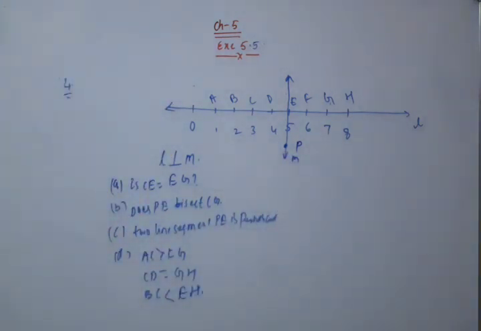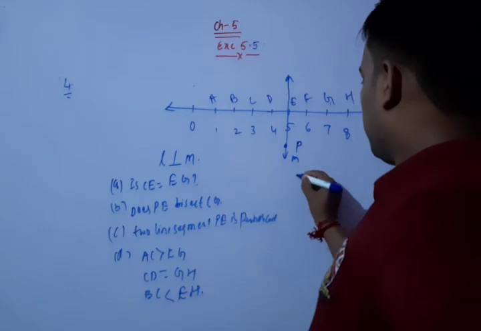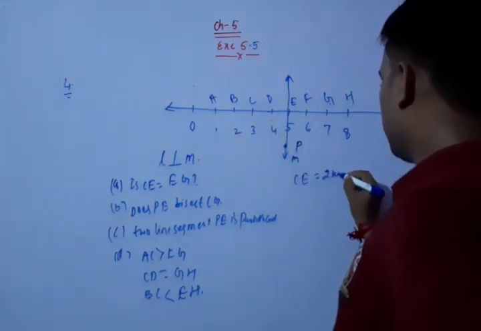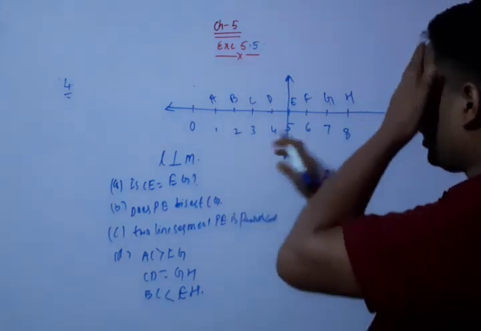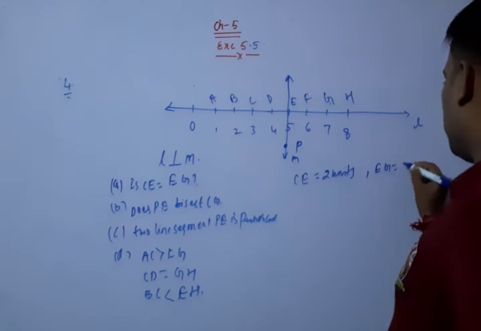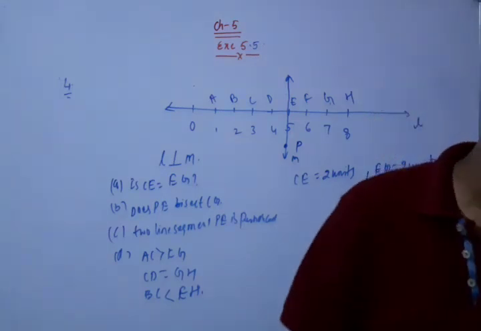Now see, we have to find CE. CE equals 2 units, and EG equals 2 units. So the first one will be true.